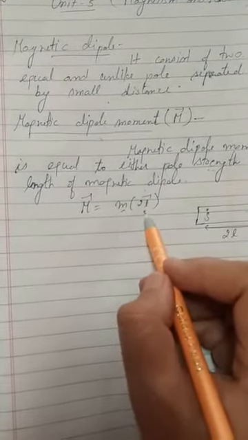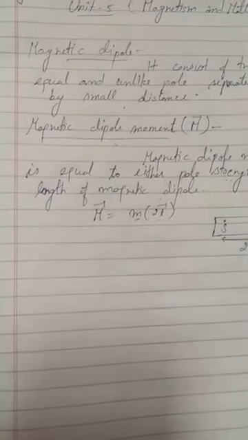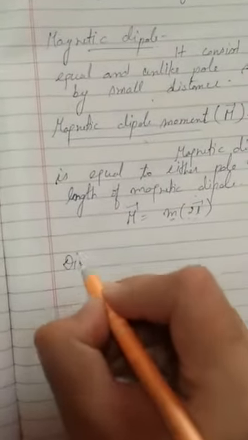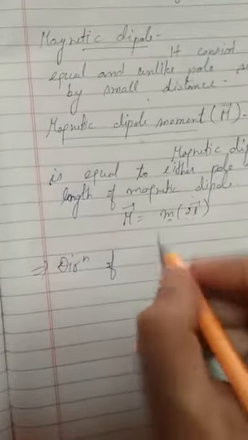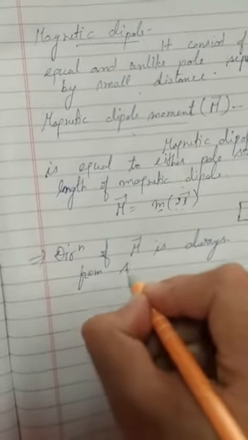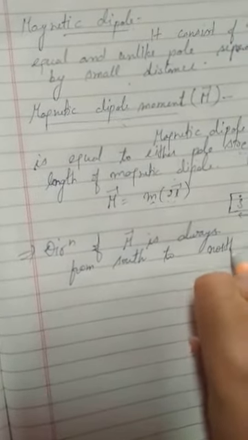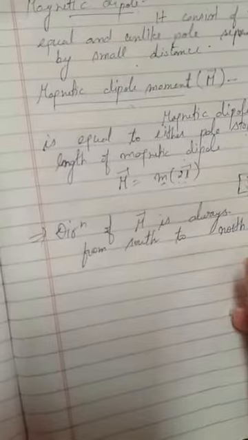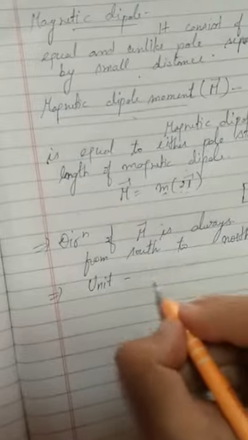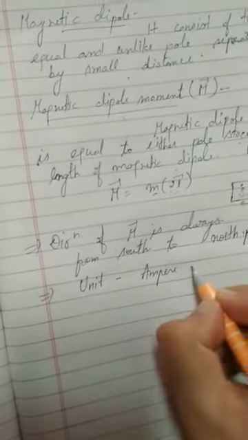This one is the pole strength and this one will be our distance between the poles. Now the direction of M is always from south to north pole, and the unit is ampere meter square.